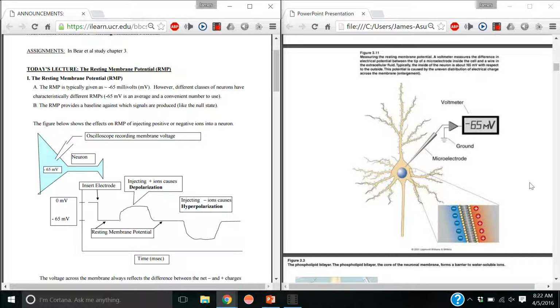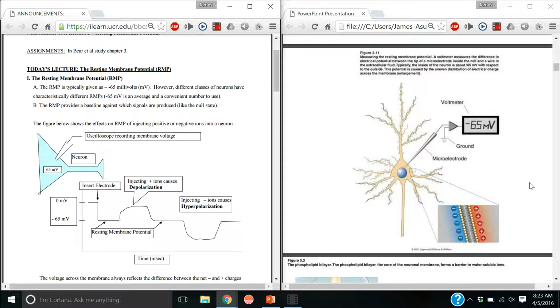So when we start talking about that, here's the technical situation you have. A neuron, obviously, with an electrode penetrating the cell membrane so that a voltmeter, typically an oscilloscope, is recording the difference in the membrane potential, the voltage from inside of the neuron to outside of the neuron.